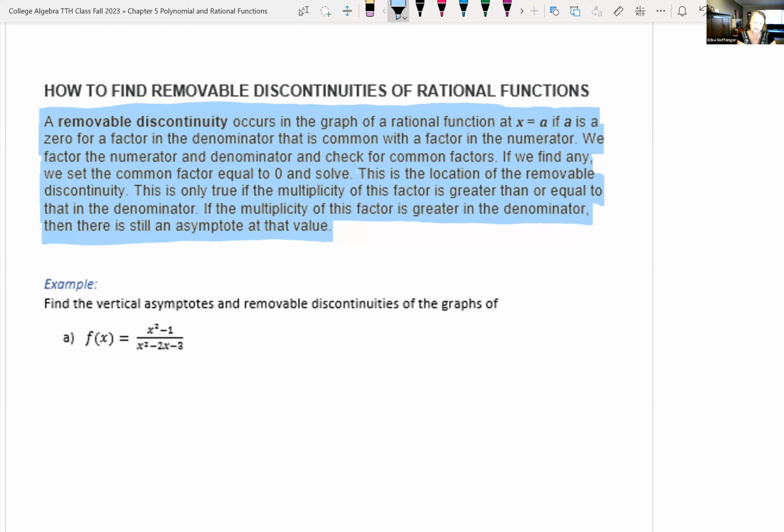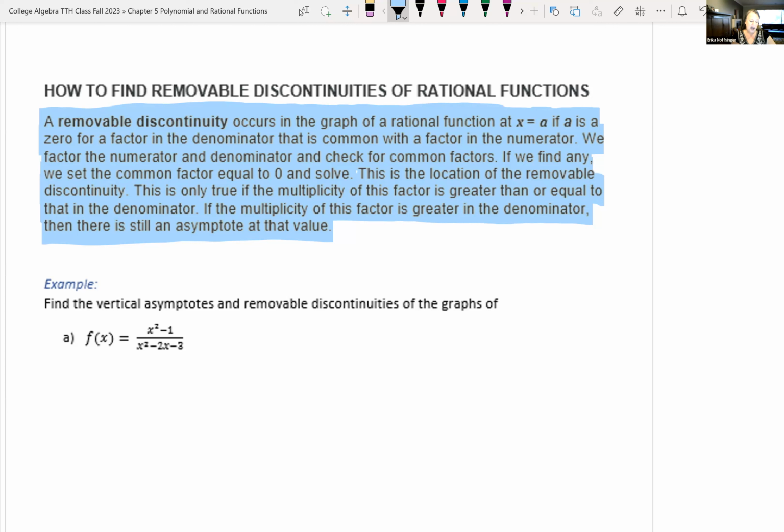Okay, so if we have a common factor in both the numerator and denominator, it's possible that it's a removable discontinuity. That's a hole on the graph. If the multiplicity is higher for the factor in the denominator than the numerator, then we still have an asymptote.